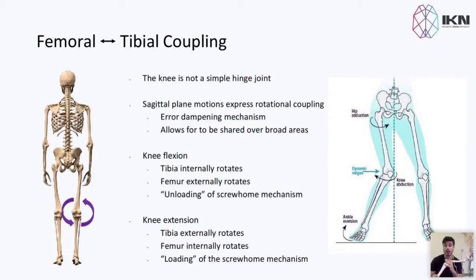So we can appreciate, well, maybe that's a joint issue. Maybe it could be a case where the quadricep muscles on the anterior portion of the thigh are expressing too much concentric behavior, because when they concentrically contract, we're going to see this knee extension, right? And when the knee extends, remember, the tibia externally rotates.